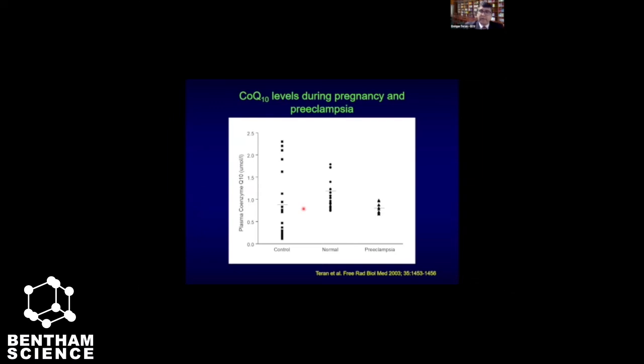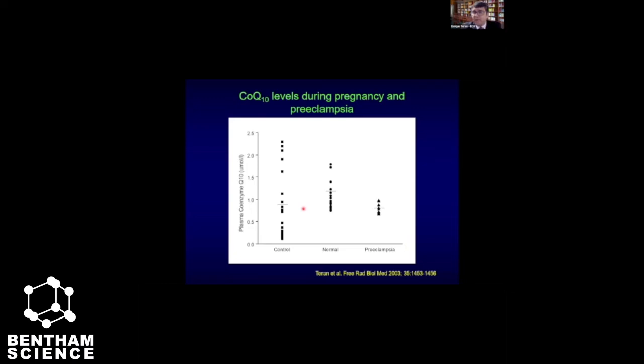So our rationale was that women with preeclampsia have a problem with the electron transport chain, and that could be the reason why more superoxide is produced, and more peroxynitrite and nitrosophiles are sequestering the nitric oxide.